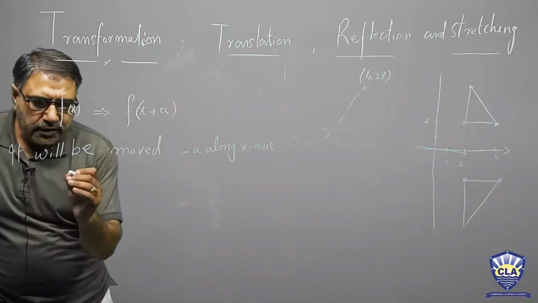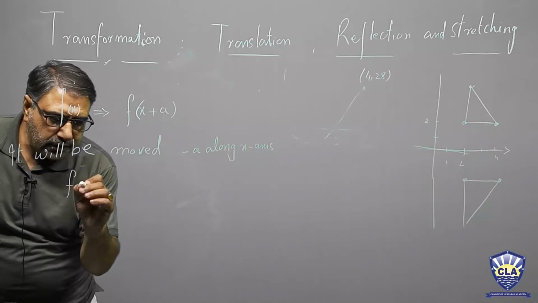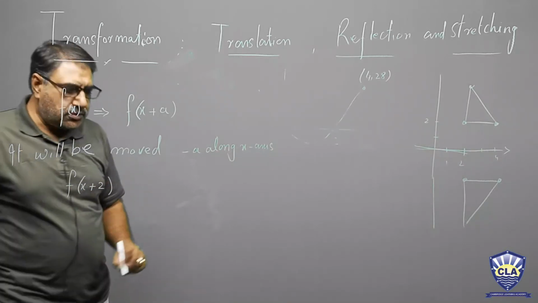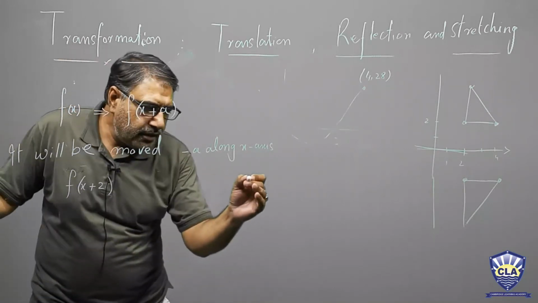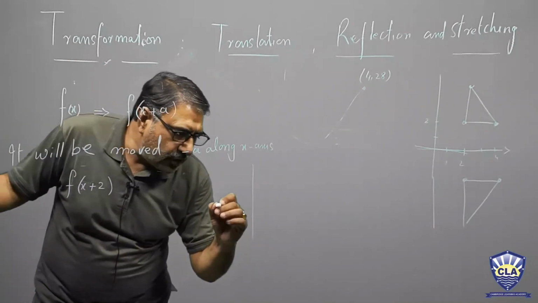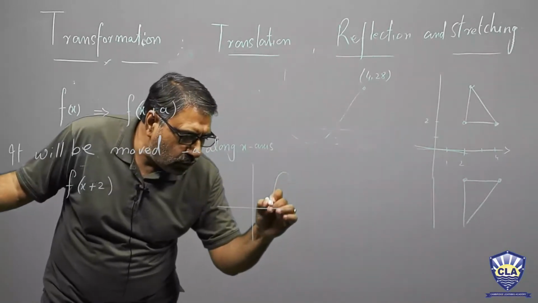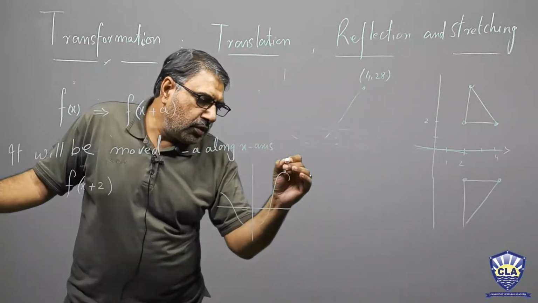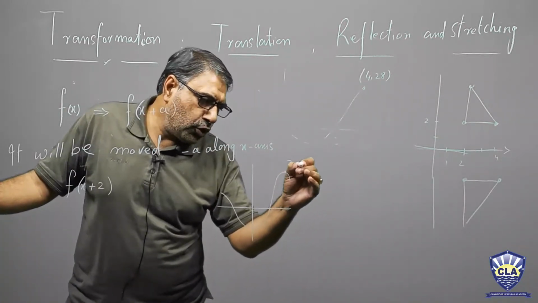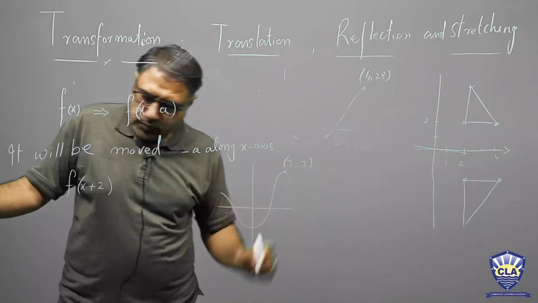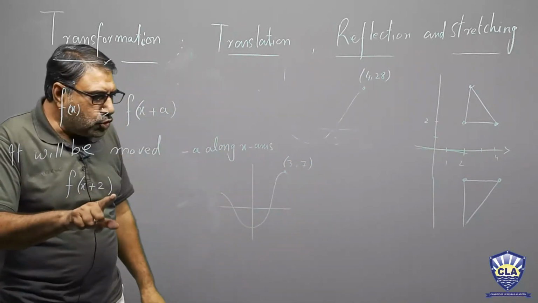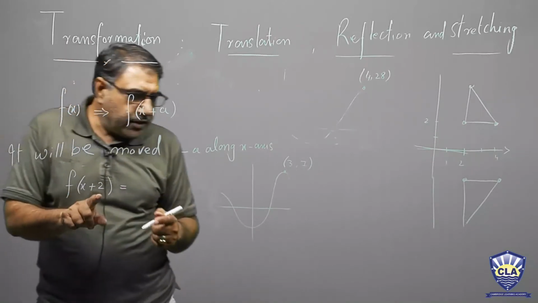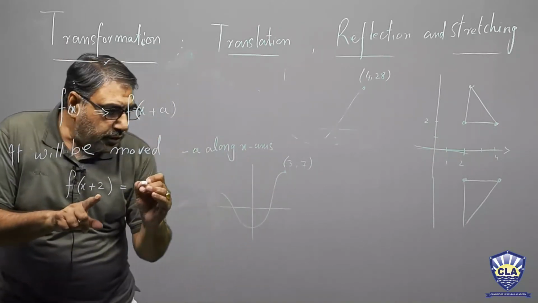Like he said f of x plus 2. It means that if this curve is given to you and the 2 points also given, 3, 7, and he said x plus 2. Now subtract 2 in the x coordinate.